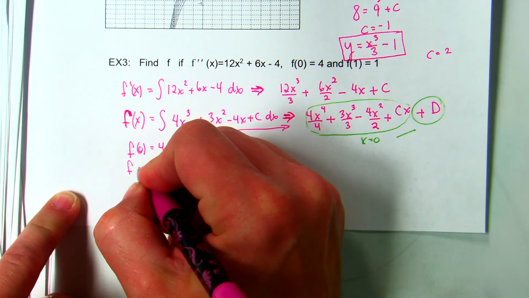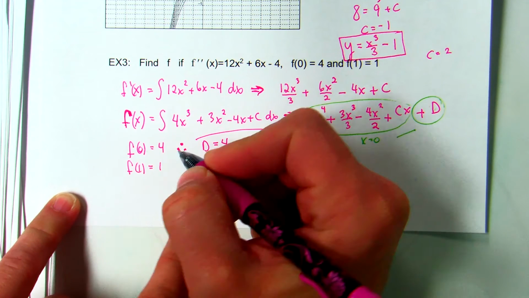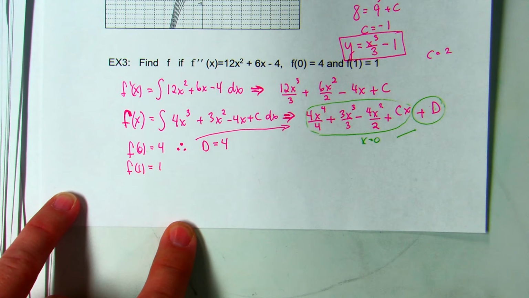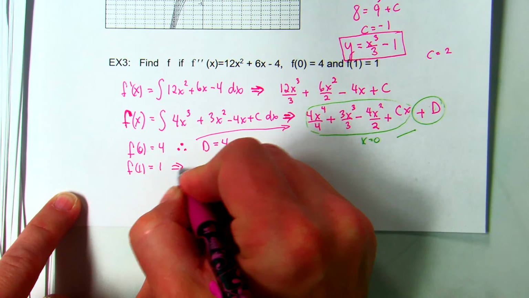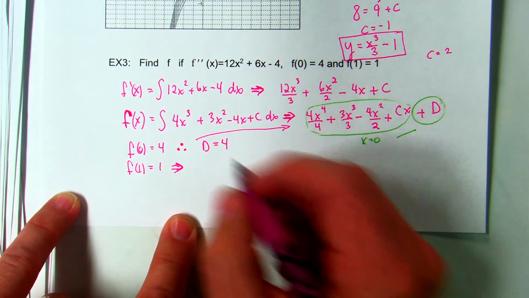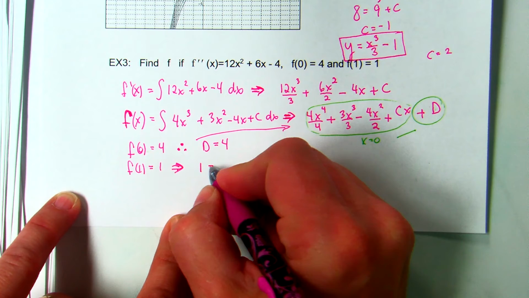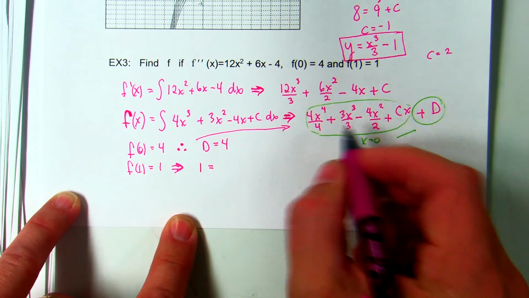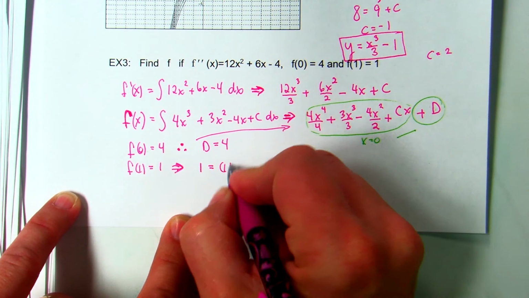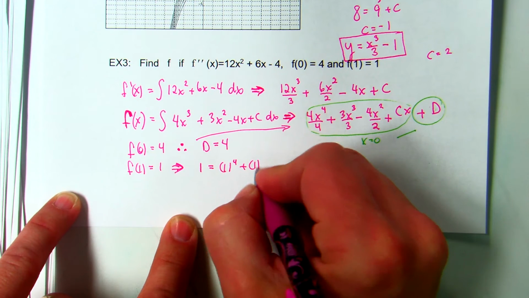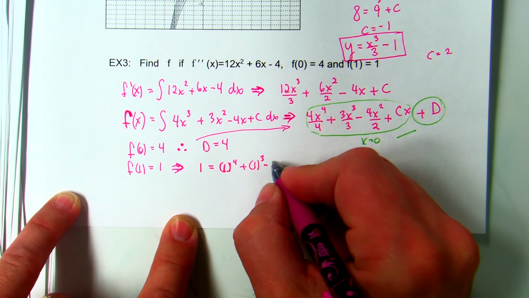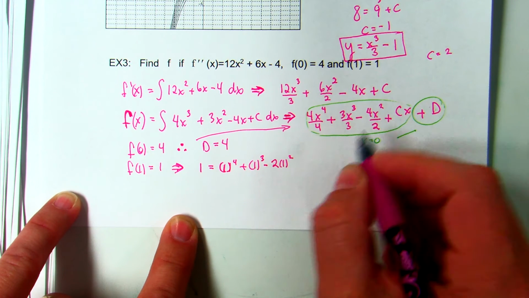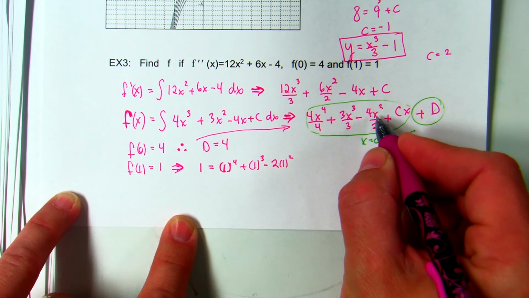And it also gave us that f of 1 was equal to 1. So now, can we plug 1 in, and the 4 that we just found, and solve for c, inevitably. So this means that if the whole thing is supposed to be 1, it is going to equal, plugging in our x terms, 1 to the 4th plus 1 cubed minus 2 times 1 squared, because this 4 over 2 becomes a 2.